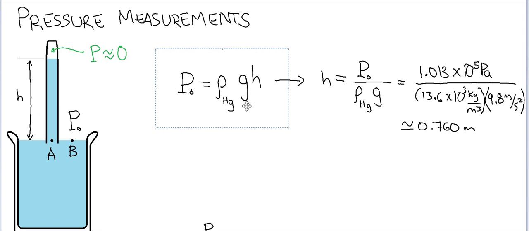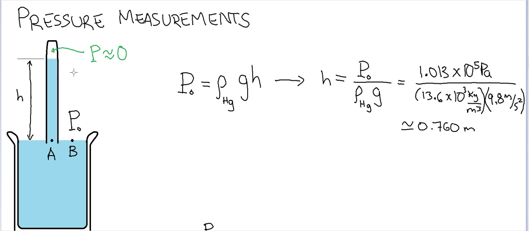We're using mercury because mercury has a very high density. If we did this with water, we would need this long thin tube to be very, very, very long. But in this case, we could say that atmospheric pressure is equal to the density of mercury, Hg is mercury, times little g times h. That's just our prior statement of pressure as a function of depth.